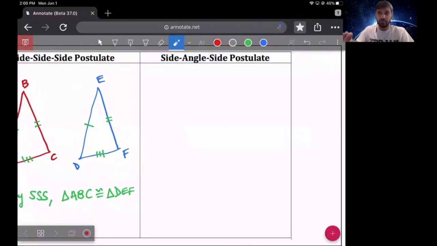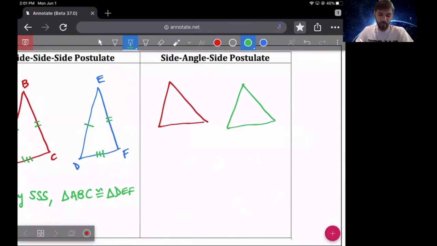Then we also have a different way to approach this. If I had another example where, let's just say I had these two triangles that look like this. But now let's say that instead we measured an angle.